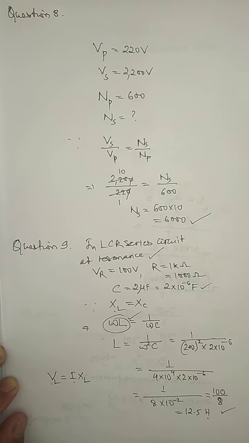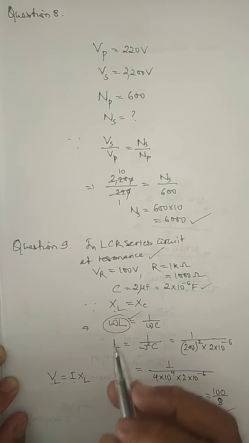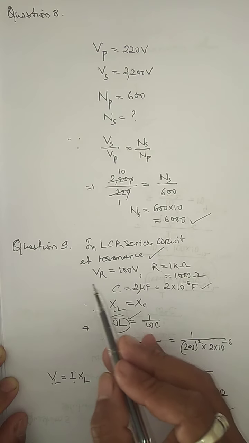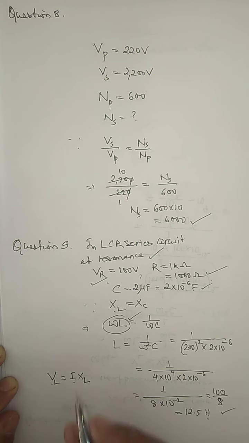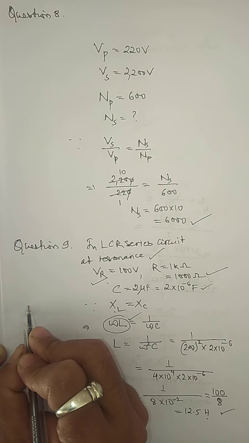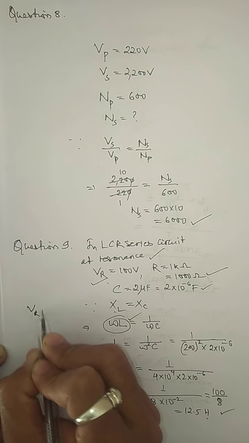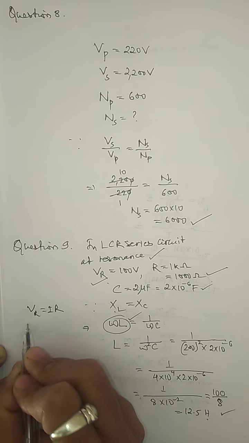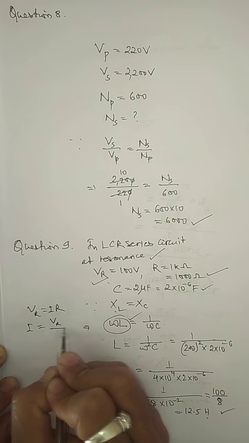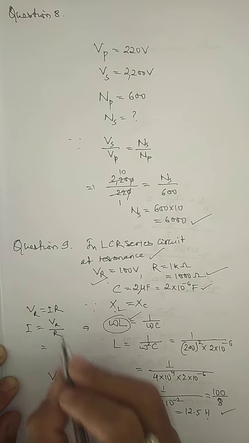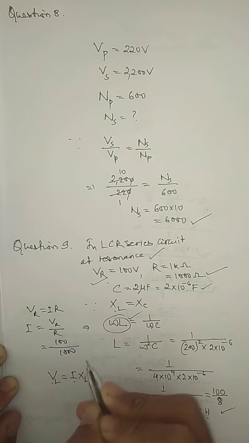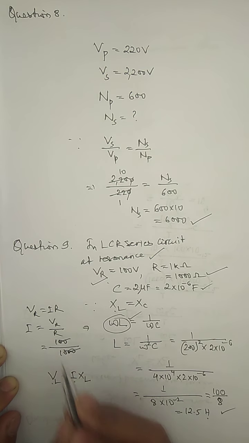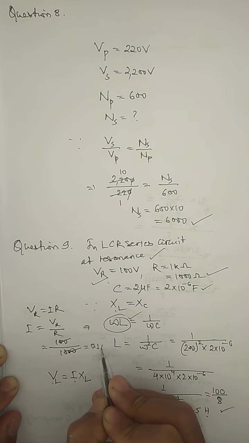Now the current is what we need to calculate. The current can be calculated because we know the voltage and we know the resistance. According to Ohm's law, VR equals IR, so I equals VR by R. VR is 100 and R is 1000, so the zeros cancel out, and 1 by 10 means 0.1 ampere.